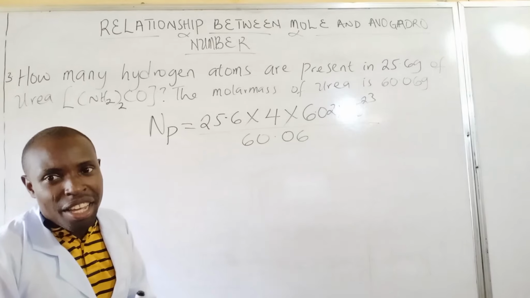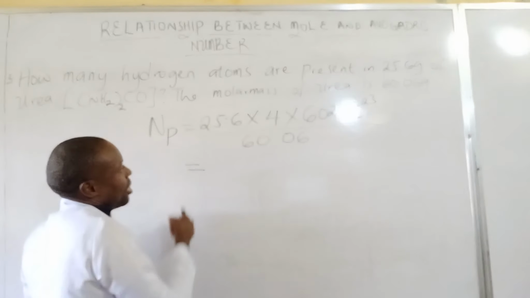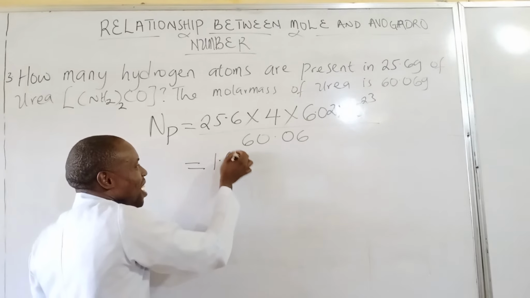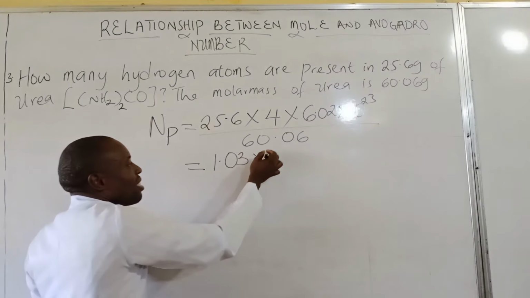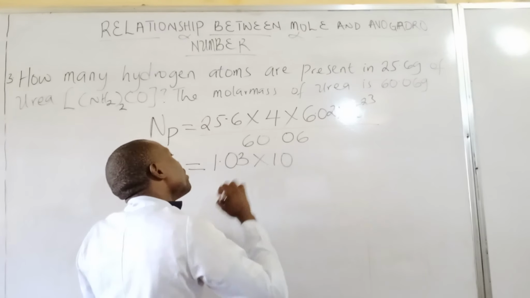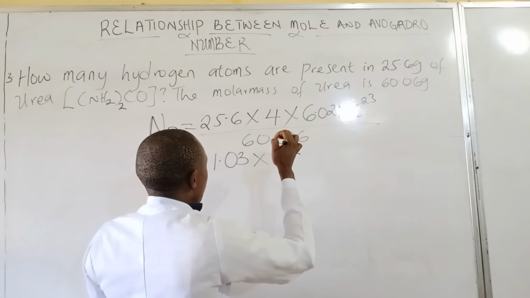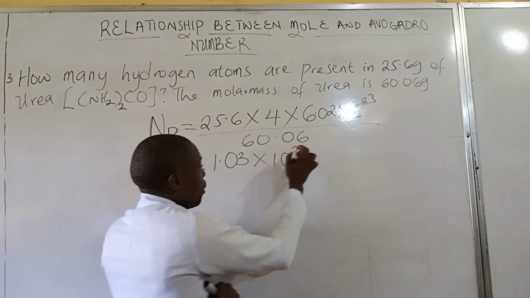When you multiply, the final answer you should get is 1.03 times 10 raised to the power 24 atoms of hydrogen.